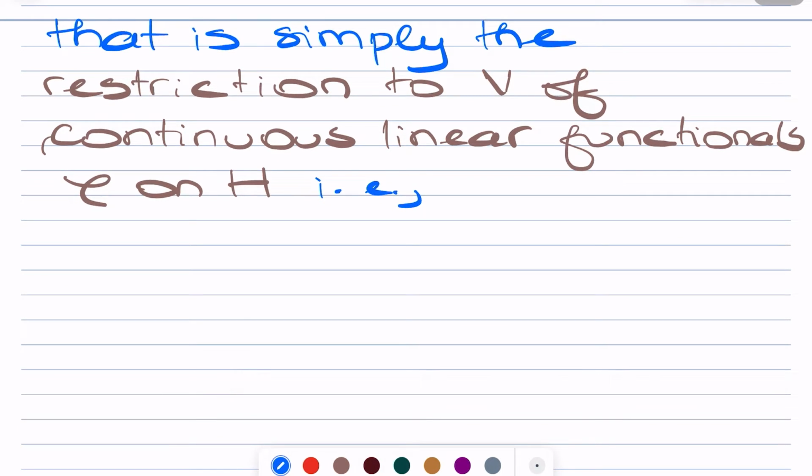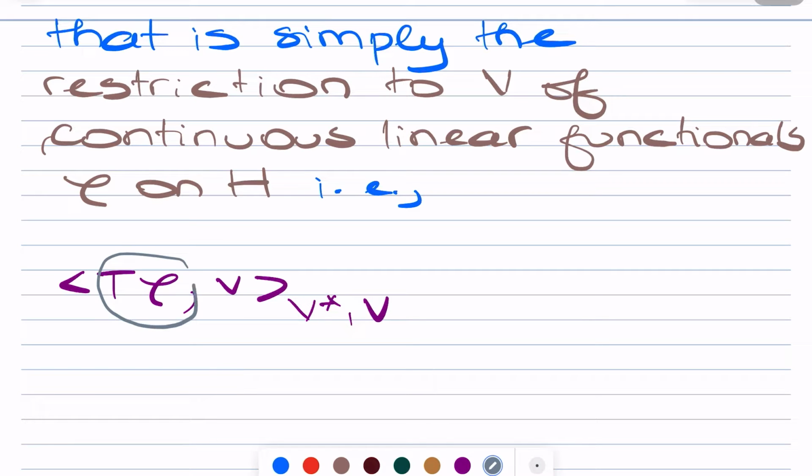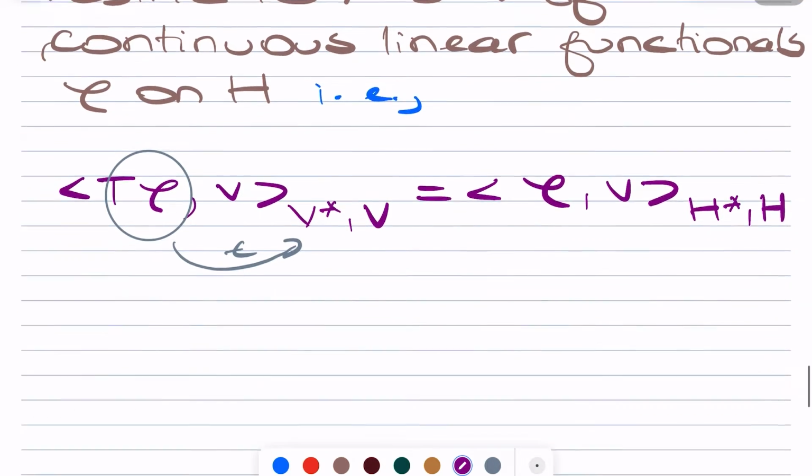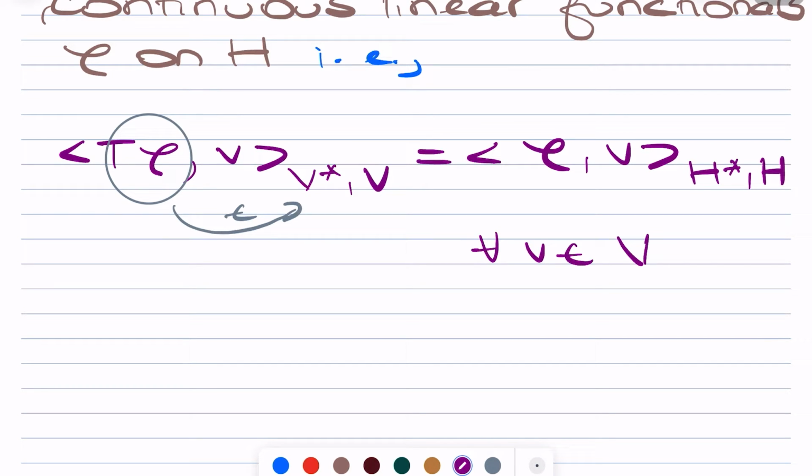The dual pairing of T phi, where phi is an element of the dual space of H, with v, this is the dual pairing V star V, because this element lies in this space and the other element lies in V, is exactly equal to the dual pairing of phi and v, in H star H, for every v in capital V. But capital V is a subset of H, so this is well defined.